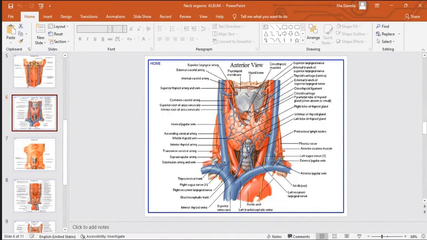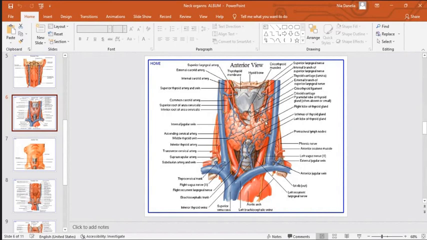It is a cartilaginous organ, consisting of rings of cartilage, anteriorly to which, at the level of the second and third tracheal rings, is located the isthmus of the thyroid gland. So the second and third tracheal rings are crossed by the isthmus of the thyroid gland.